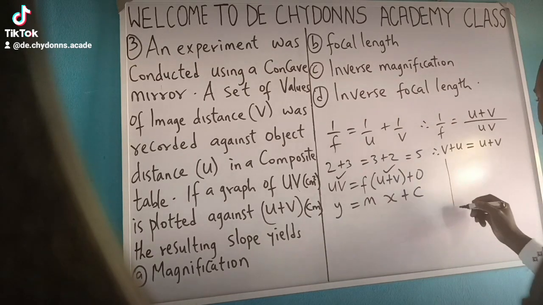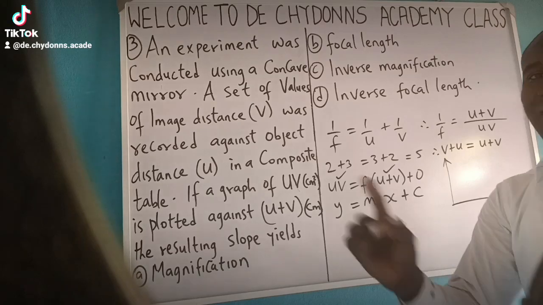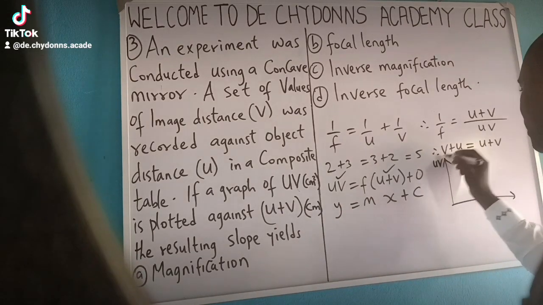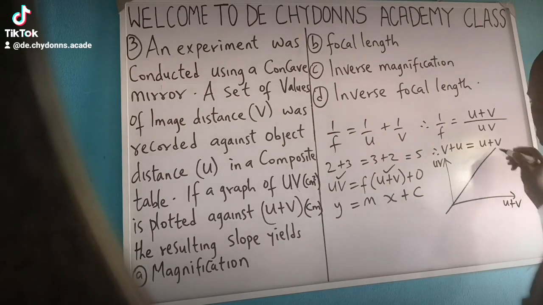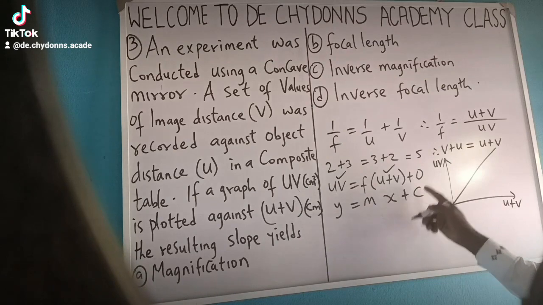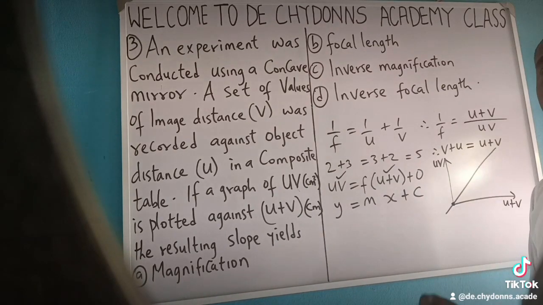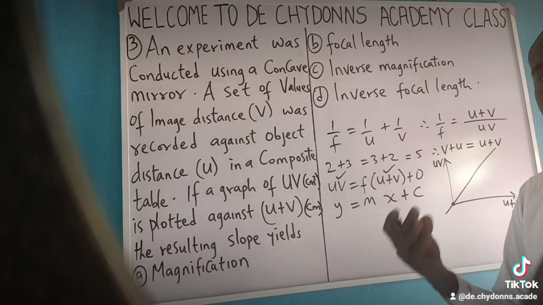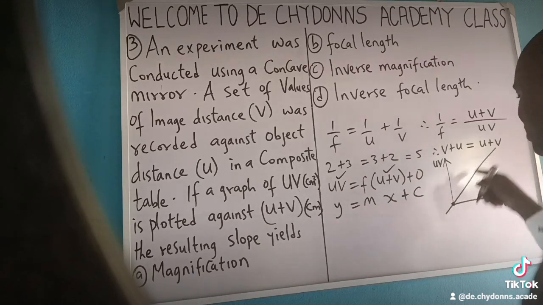That means if I conduct this experiment well, if I didn't encounter any error at all, uv against u plus v will pass through the origin. That is what it means by c being 0. It should pass through the origin. But because of the small errors we can encounter as imperfect human beings, we may not necessarily pass through the origin.